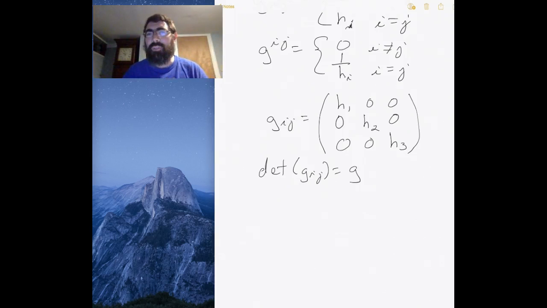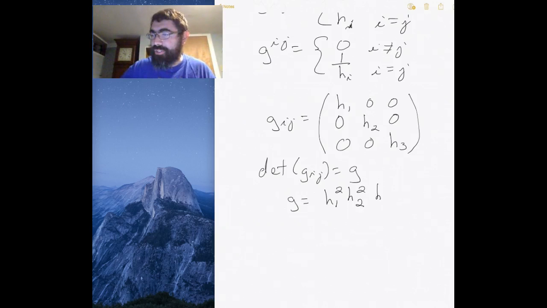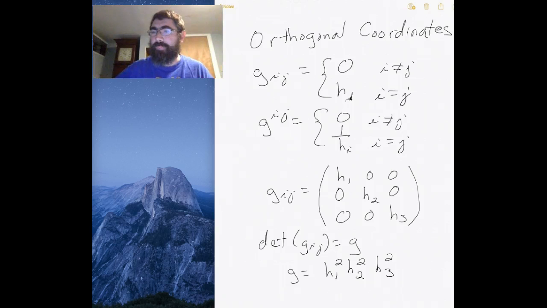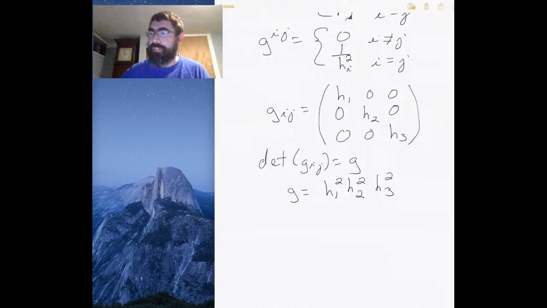Since it's a diagonal matrix, then the determinant is going to be h1 squared, h2 squared, and h3 squared. Okay, so I made a mistake somewhere earlier, and that is that this should be h_i squared, and this should be 1 over h_i squared. Like I said, in a minute we're going to go through and try and prove that.